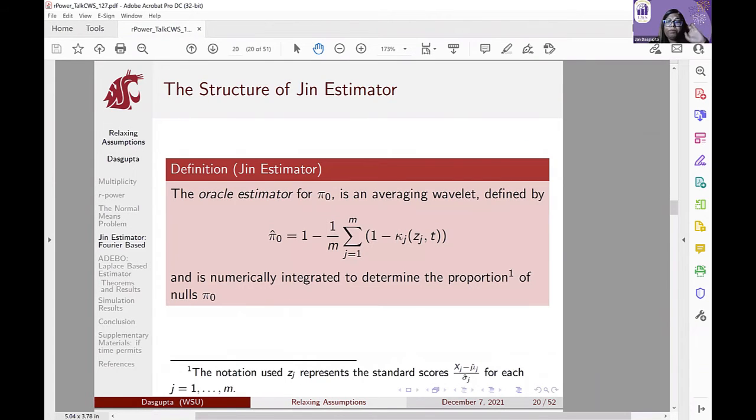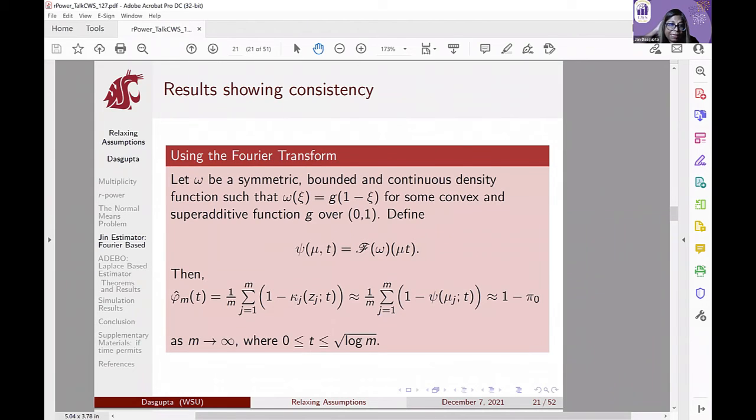However, what is the Jin estimator? It's basically an averaging wavelet. And the fact that the Jin estimator is a consistent estimator is something that Jin and colleagues, of course, proved. The last part of the equation is important.